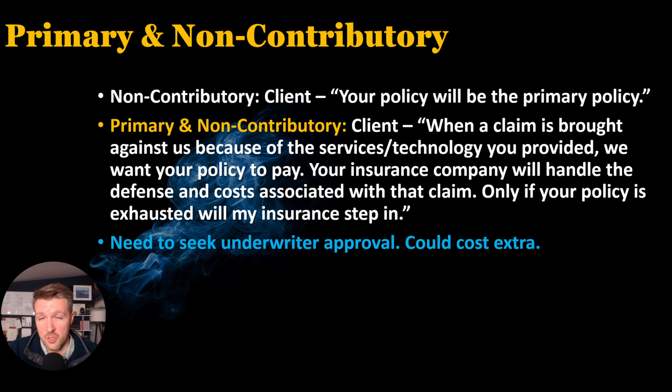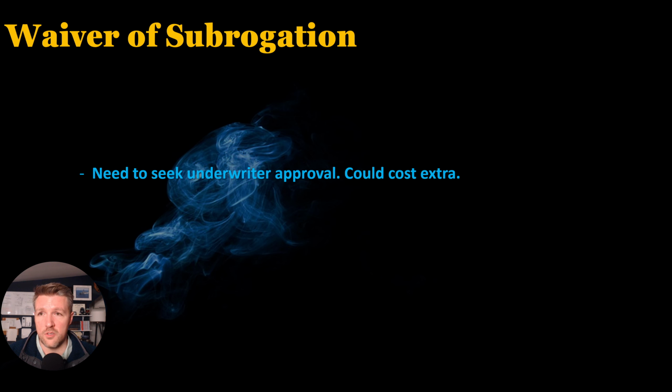Same with the additional insured provision. So please don't sign a contract saying you're going to do this and then go talk to the insurance company. Come to the insurance brokers first. We have to go back out to the underwriter, explain the situation, and generally provide a snippet of the contract that's asking for the primary non-contributory.